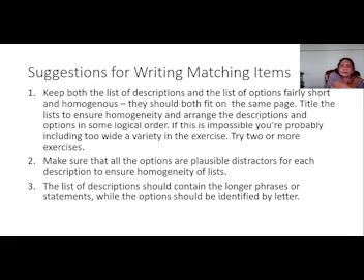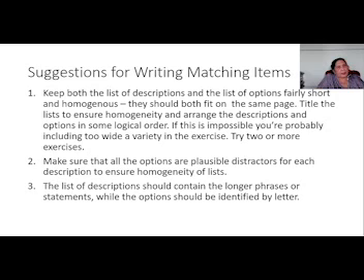It says here, title the list to ensure homogeneity and arrange the options in some logical order. So for example, you have 25 items, all matching type. Goodness, that's difficult. The necks of the readers or examinees will hurt. So what can you do?